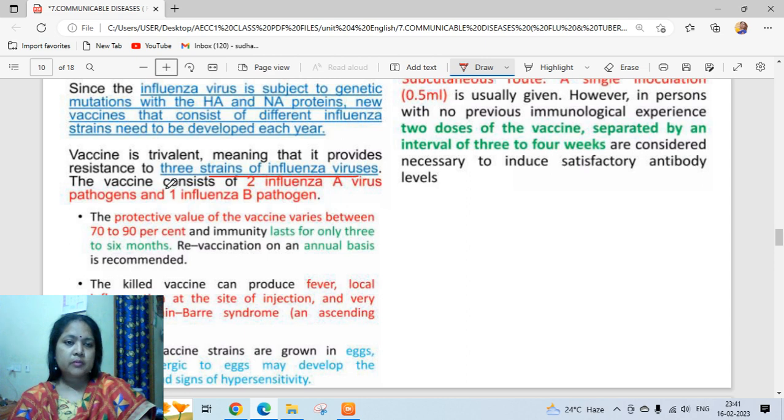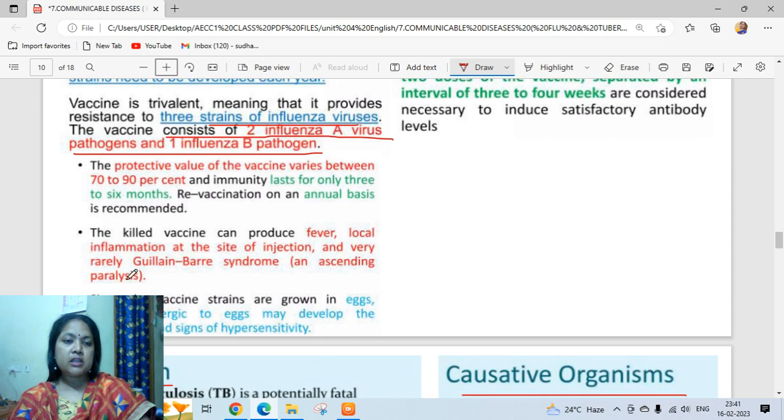The vaccine consists of 2 influenza A virus pathogens and 1 influenza B pathogen. The protective value of the vaccine varies between 70 to 90%, and immunity lasts for only 3 to 6 months. Revaccination on an annual basis is recommended.